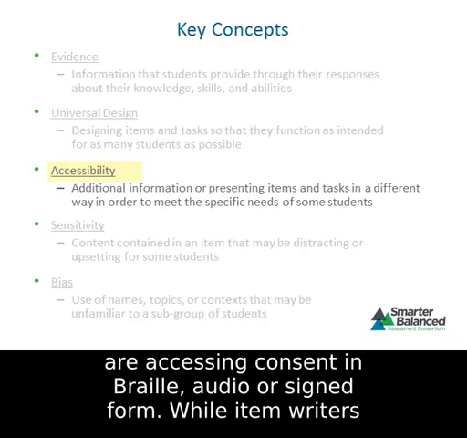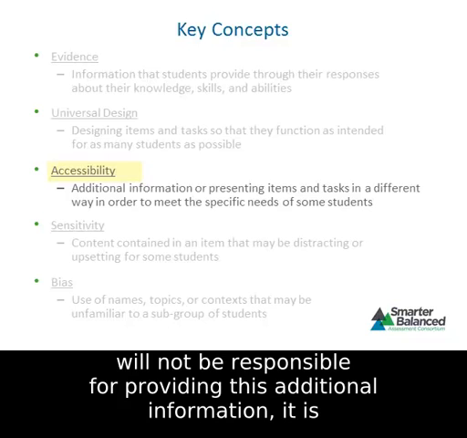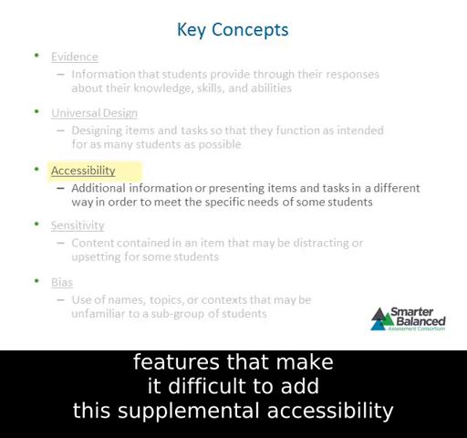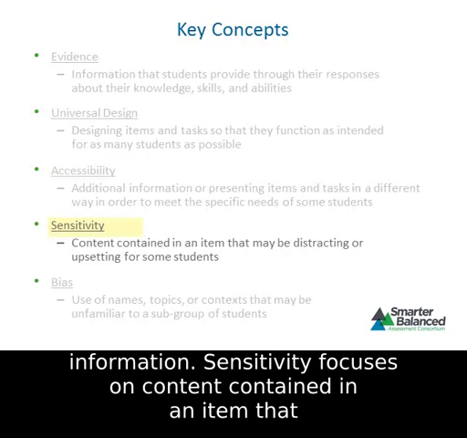Among these needs are accessing content in Braille, audio, or signed form. While item writers will not be responsible for providing this additional information, it is important to think carefully about designing items that do not contain features that make it difficult to add this supplemental accessibility information.